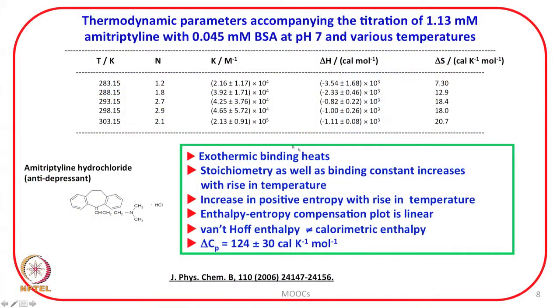In this case, although if we look at the table, the net effect is still negative, that means there is a compensation of the polar interactions by the hydrophobic component, and that is also seen in the positive values of delta S.